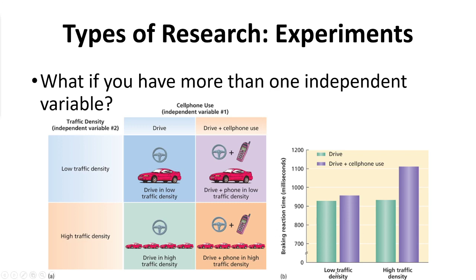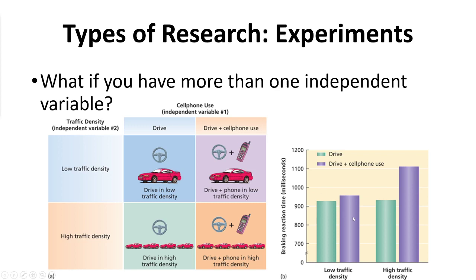But what we care about is that in low traffic density, people with and without a cell phone have about the same skill level. So you're not overly impeded by driving with a cell phone when there isn't anything on the road. Kind of makes sense. But when there's high traffic density, when there's more things on the road, people who are driving with a cell phone take much longer to respond.